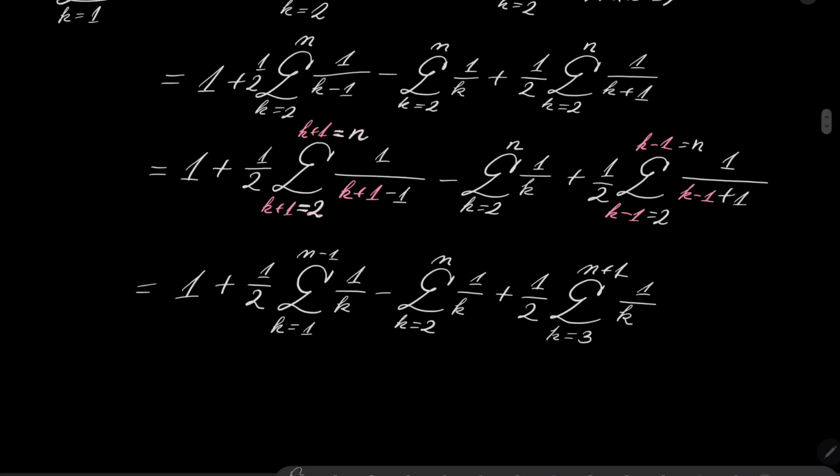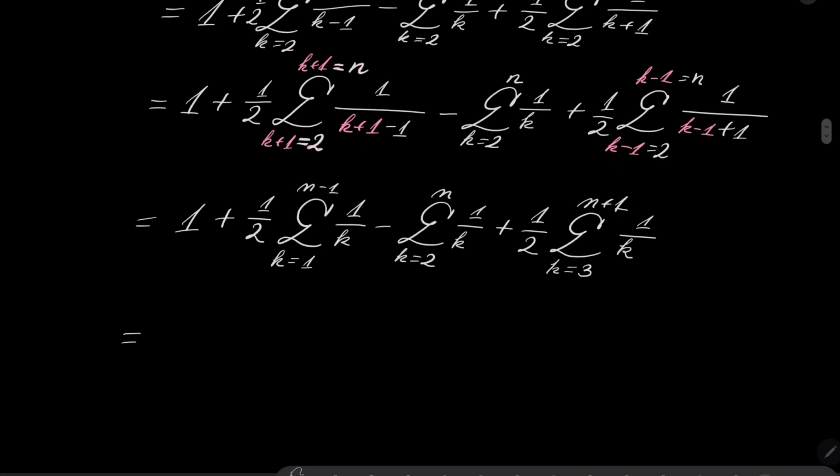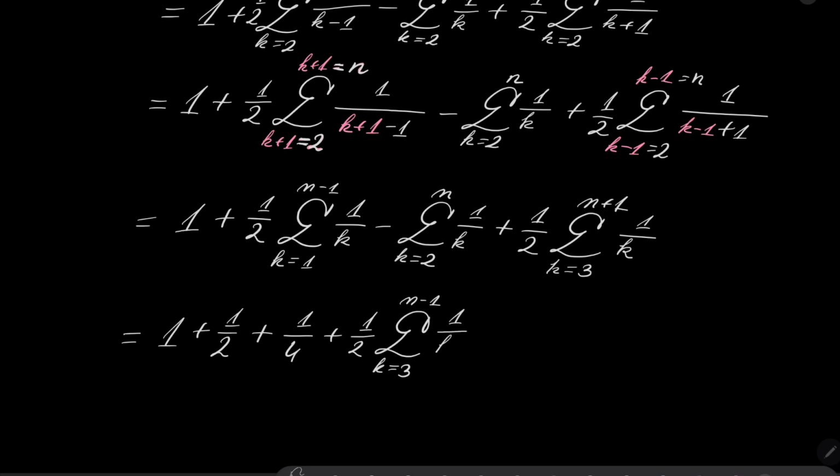And notice that these sums are almost the same, but they differ by some indices. So I will make a common sum from k equals 3 to n minus 1. From the first sum, I will take the first term apart and the second term also apart, k equals 1 and k equals 2. So we have the sum going from 3 to n minus 1, 1 over k.